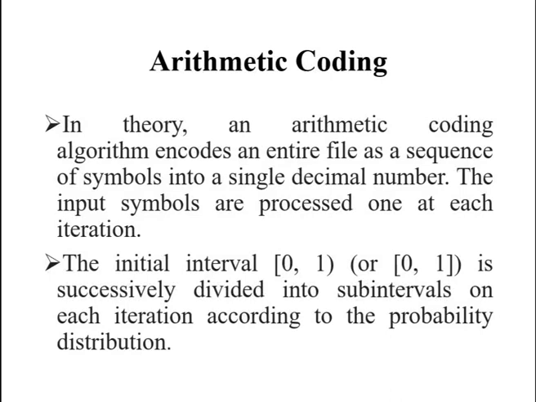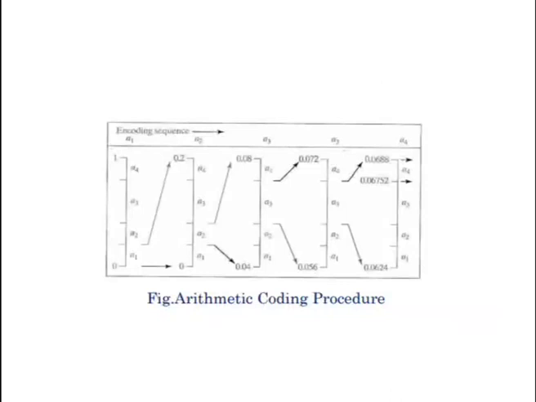In this manner, symbol a2 narrows the subinterval to [0.04, 0.08), a3 further narrows it to [0.056, 0.072), and so on. The final message symbol, which must be reserved as a special end-of-message indicator, narrows the range to [0.06752, 0.0688). Of course, any number within this subinterval, for example 0.068, can be used to represent the message.